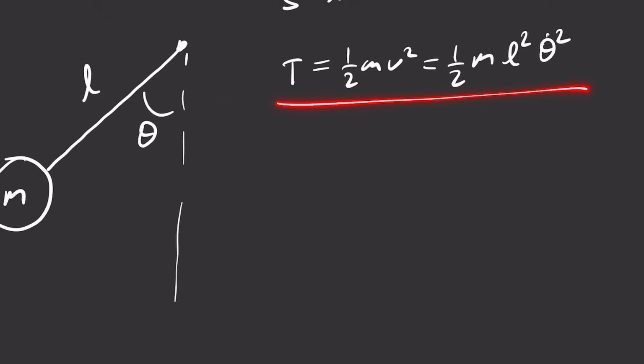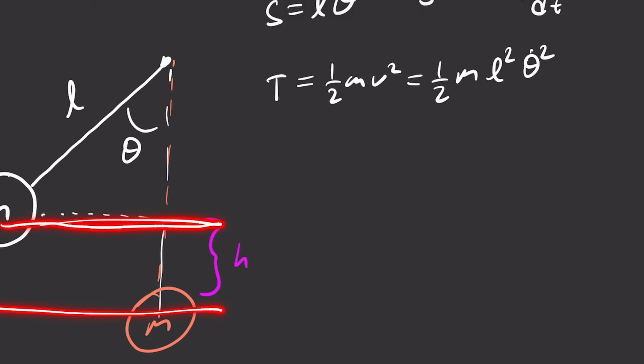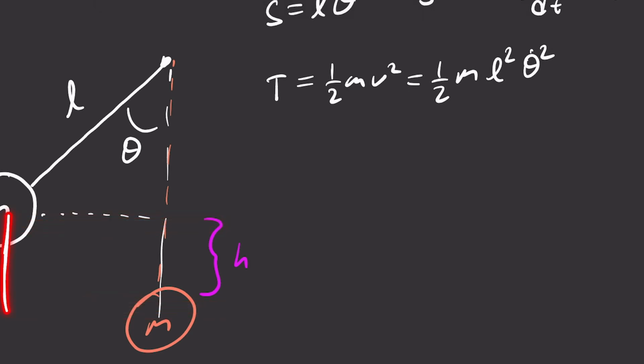So we have the kinetic energy, and the way we can calculate the potential energy is we just imagine a triangle here, and in its resting position the pendulum will look like this. So this will be the height above the ground, and the entire length will be L, and so we need this height.